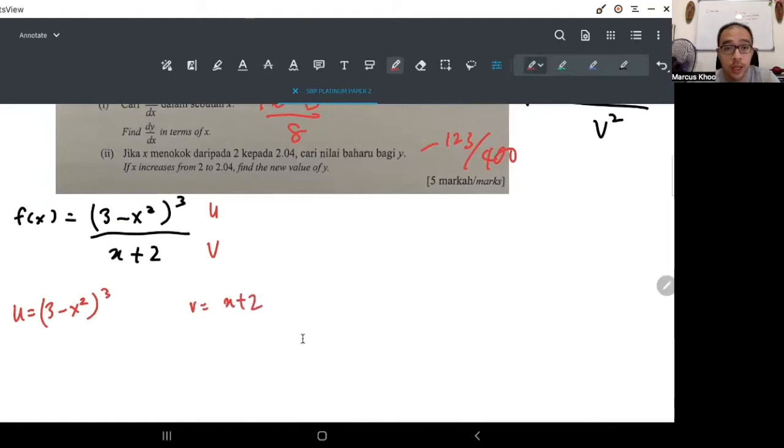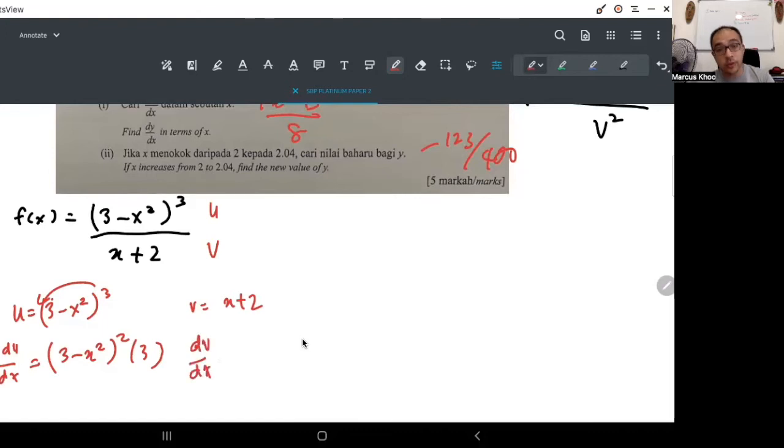So what you will get over here is du/dx, which is (3 minus x squared) to the power of 2, sorry, to the power 2, then you times 3, because this 3 has to be brought to the front. And then this dv/dx will be equal to 1.